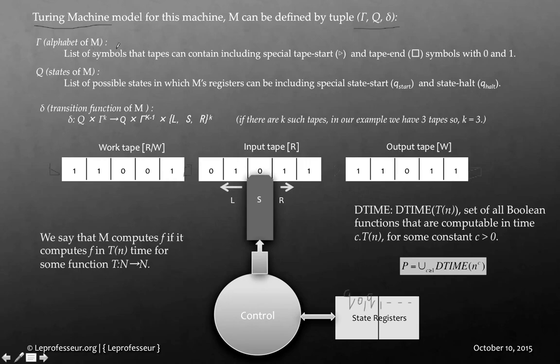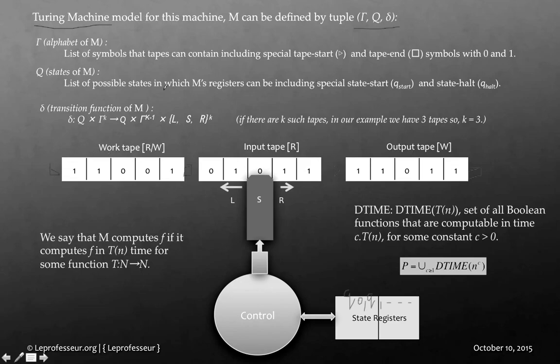Alphabet is nothing but the symbols your simple machine can understand. So it can read or write 1 and 0, as well as special symbols triangle and square, where square indicates the end of the working tape and output tape, and triangle is the start.